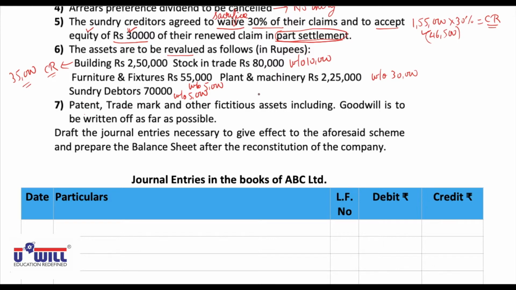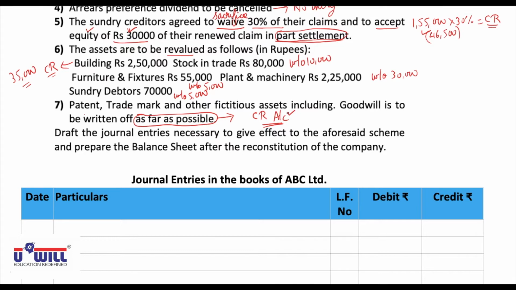Patents, trademarks and other fictitious assets including goodwill are to be written off as far as possible. Now for this purpose, as far as possible means we will have to make a capital reduction ledger account. I repeat, in all the questions, keep it in mind, you all have to compulsorily make a capital reduction ledger account, compulsory.